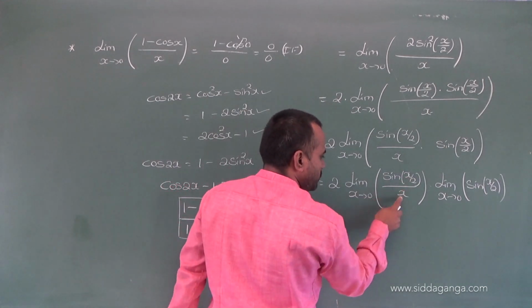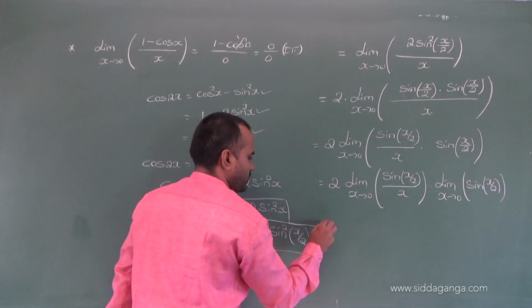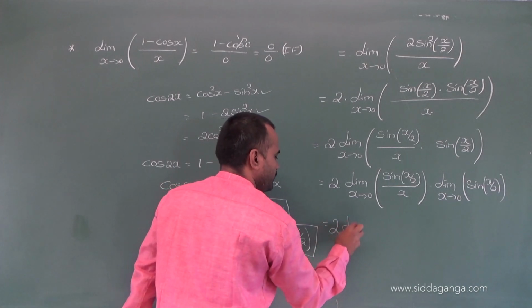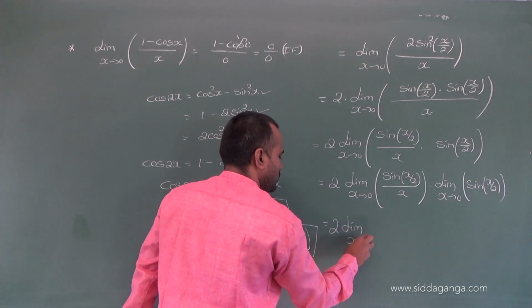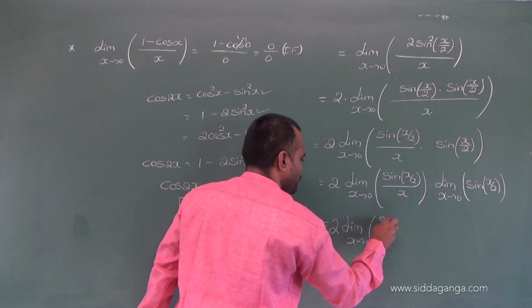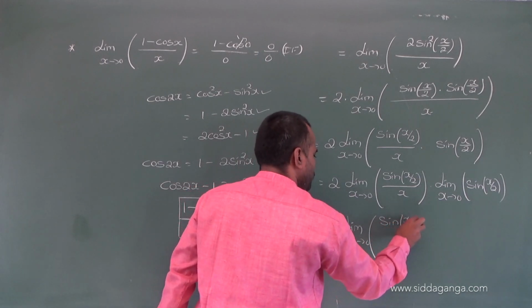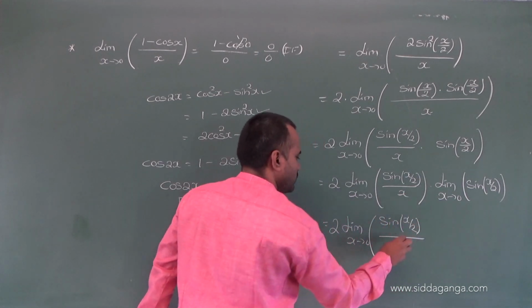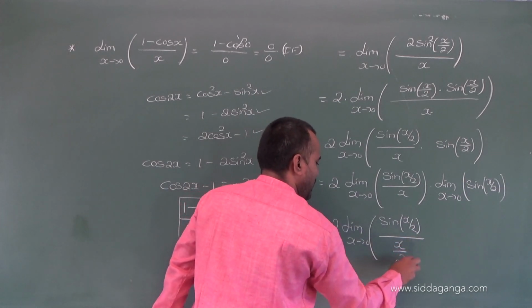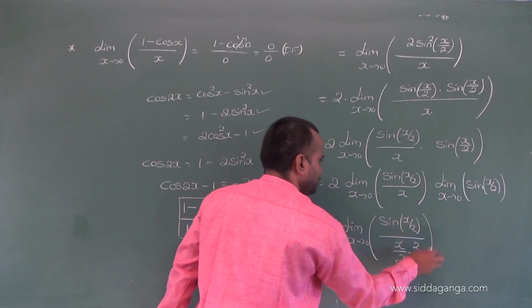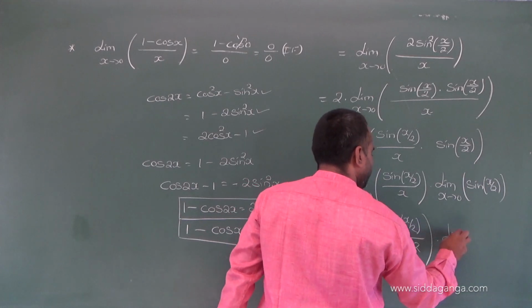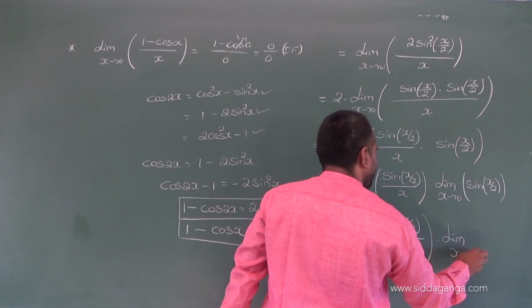Here it is x by 2, so here also we want x by 2. Multiply and divide by 2 here. This result stays as it is; later we apply the result.